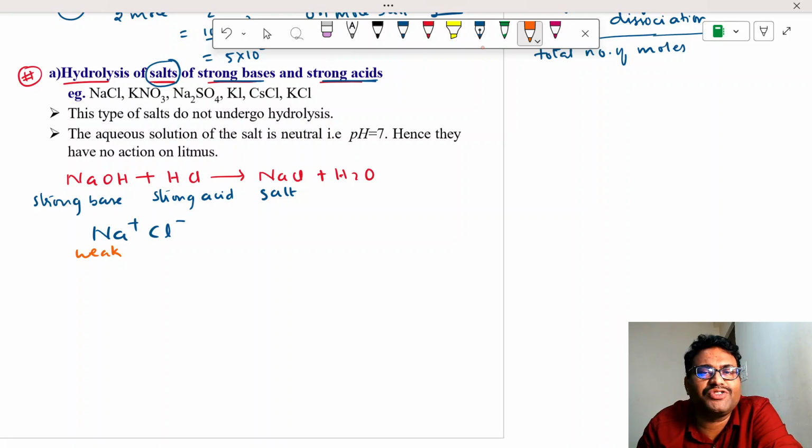Because it is from a strong base. Cl- is from whom? HCl. HCl is a strong acid, so again it will be weak. So the cation and anion of the salt are weak, because they are from a strong acid and a strong base.